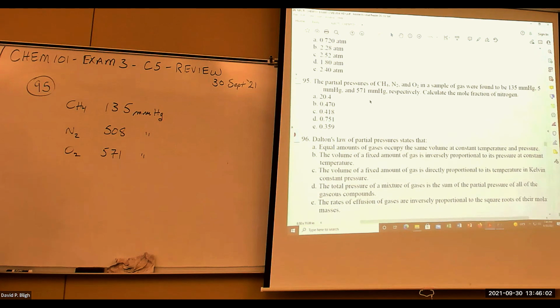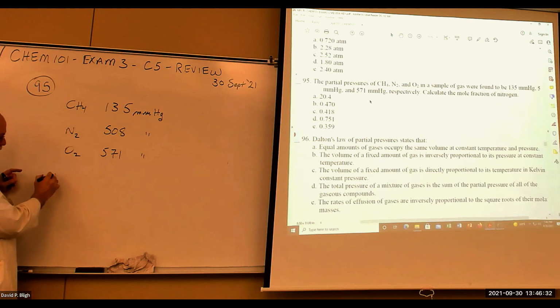Pressure, volume, moles, temperature doesn't change either. So the important thing to remember here is that the mole fraction is proportional not only to the moles of a gas, a fraction of the moles in the total, but all other things being equal, it's also proportional to the pressure. We looked at that with Dalton's partial pressure, right?